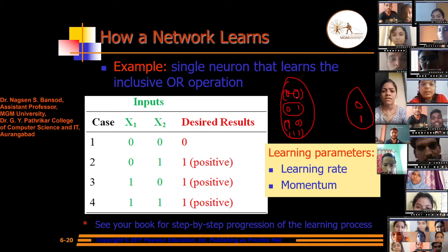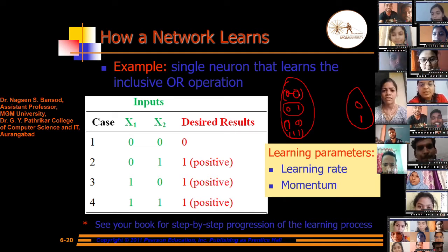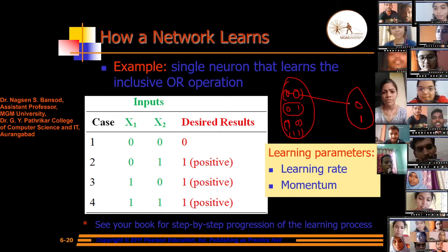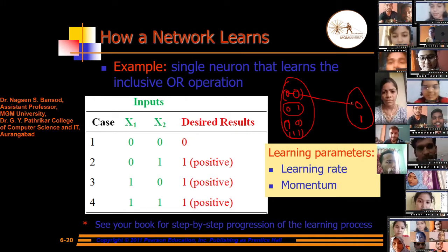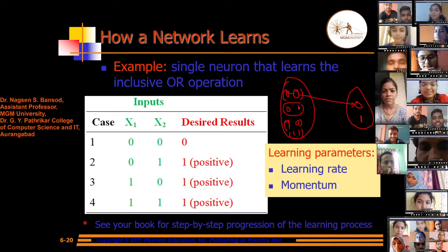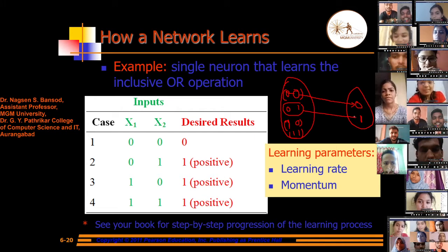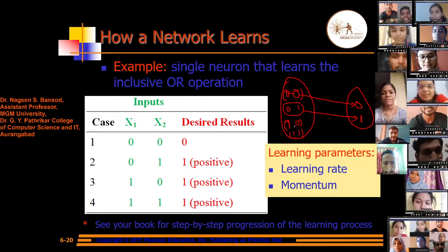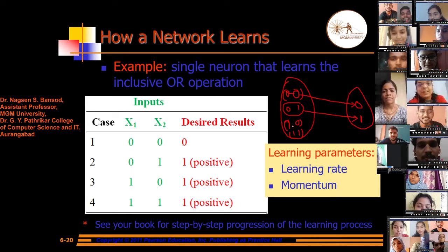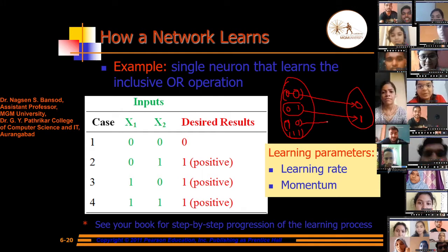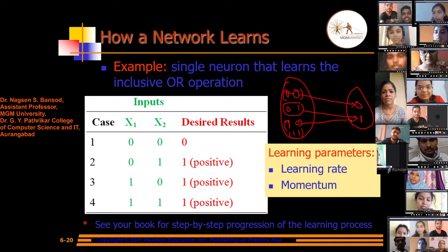If both inputs x and y are 0 and we apply inclusive OR, then we will get 0. If we provide 0 1 as input, then the result is 1. If we provide x1 as 1 and x2 as 0 to the neural network, we will get the output 1.